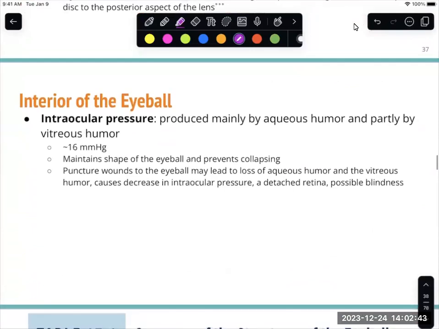So our intraocular pressure, the pressure inside of your eyeball, should sit at about 16 millimeters of mercury. That aqueous humor in the front and that vitreous humor in the back help to create this intraocular pressure. Why? We need to maintain the shape of our eyeball.